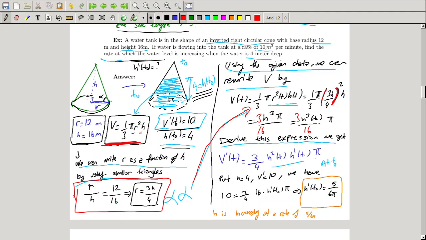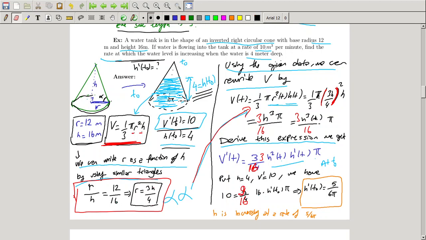Okay, if you now differentiate this expression, we have 3 over 16 times, again 3 is coming from h³, 3h² times h prime times π, and then put the values of the given quantities. Put h is 4, we have 16 and 16 cancel each other, and here we have 9.